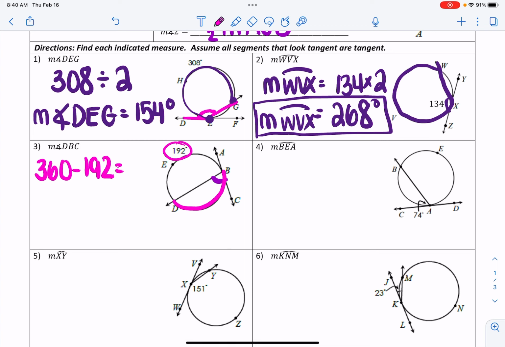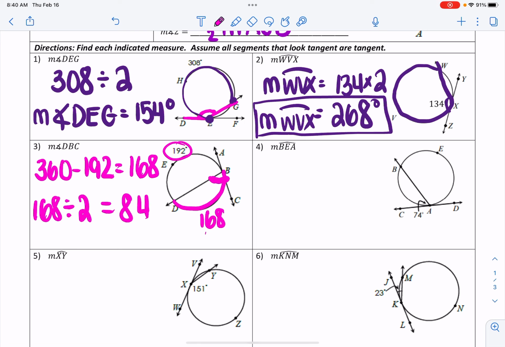And so 360 minus 192 is 168. And so this arc right here is 168. To find the inscribed angle, you're going to do 168 divided by 2, and that's going to be 84. So that's the measurement of that angle. Make sure you put degrees on it as your final answer.